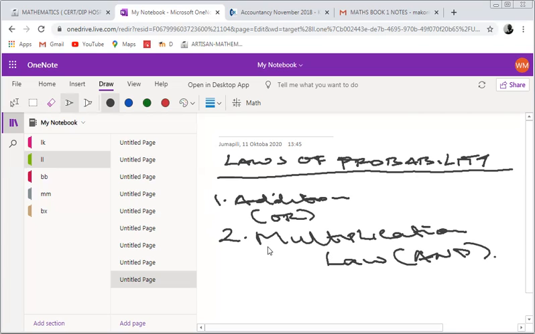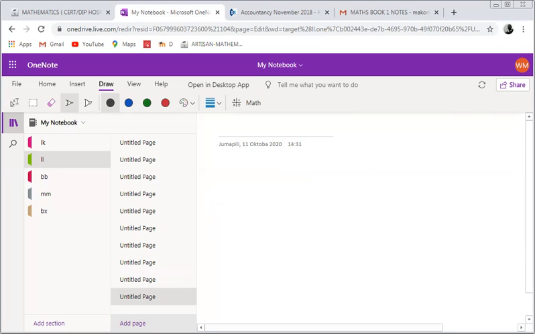Let me start with the first one, the addition law. It is normally applied to mutually exclusive events. Remember, this law is also referred to as the OR law. Mutually exclusive events are those events which cannot happen or occur at the same time.